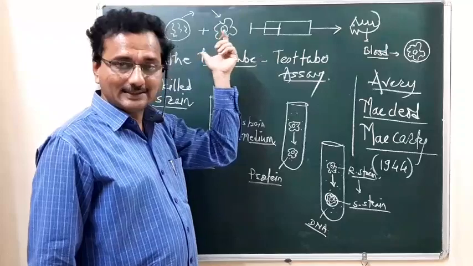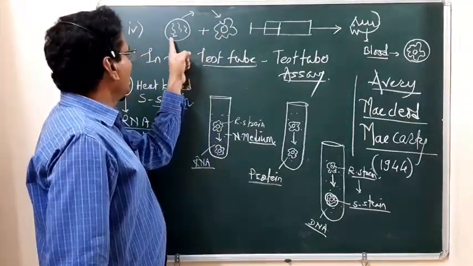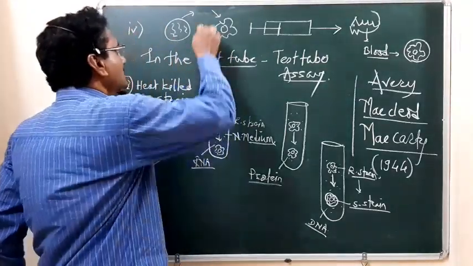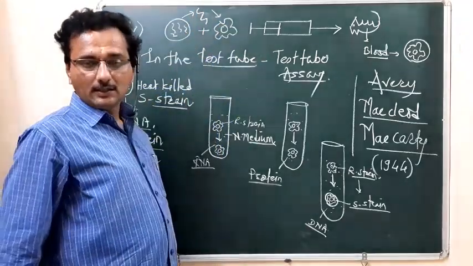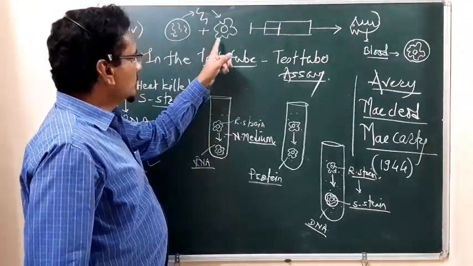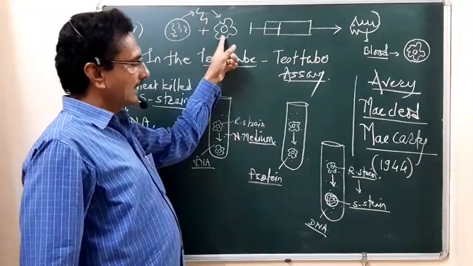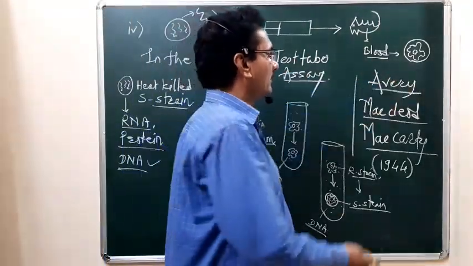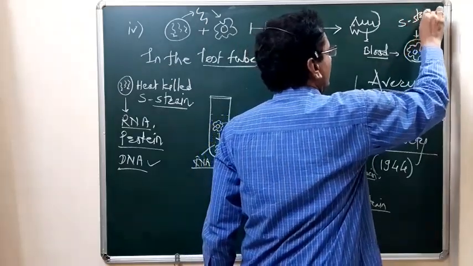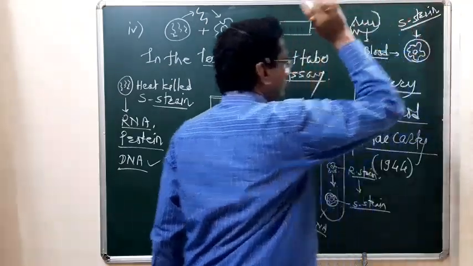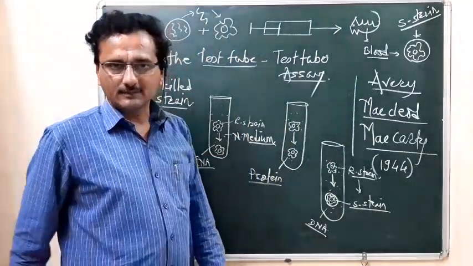From the heat killed smooth strain, the DNA was transferred to the rough strain, and because of that the rough strain synthesized the capsule around itself and was converted into the smooth strain, and because of this, the mice died.